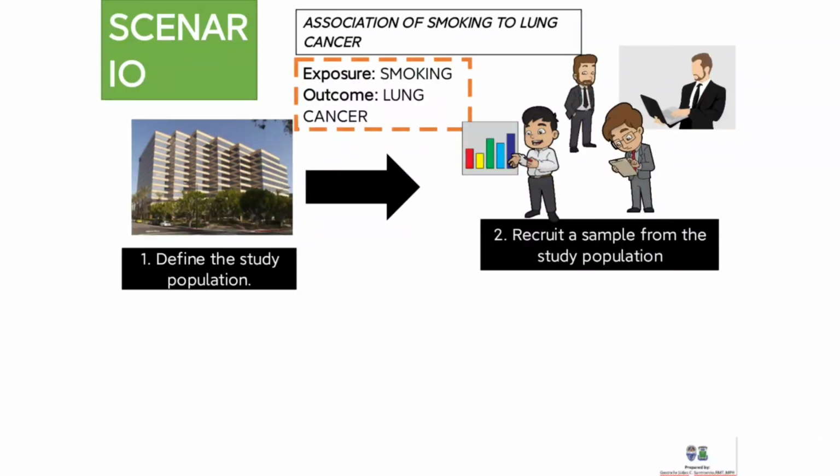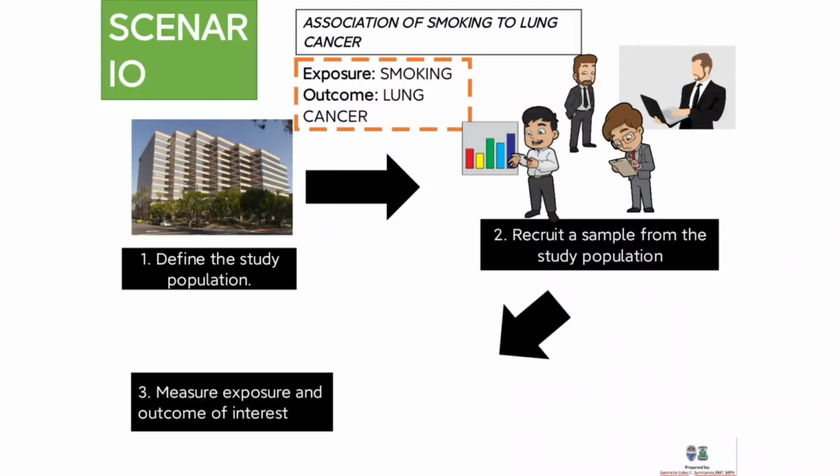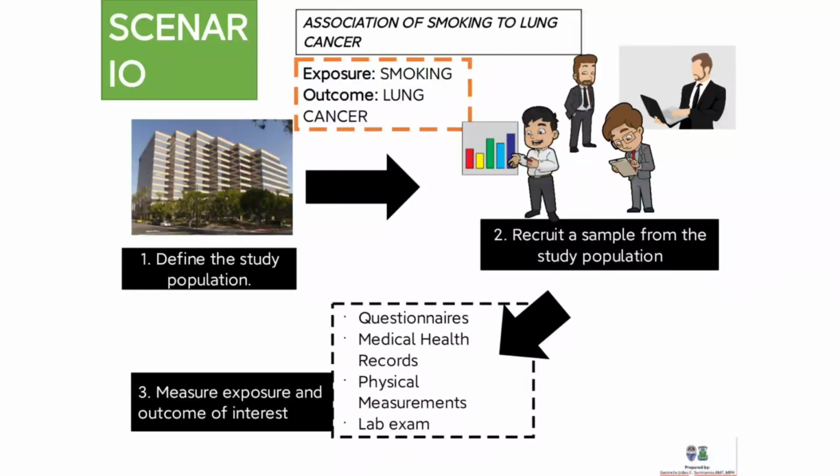Okay? So, number 2, you recruit a sample from the study population. Now, you identify kung sino yung mga smokers dito, and then sino yung mga non-smokers. Okay? And third one, syempre, you measure exposure and outcome of interest. So, how do you measure exposure and outcome of interest?